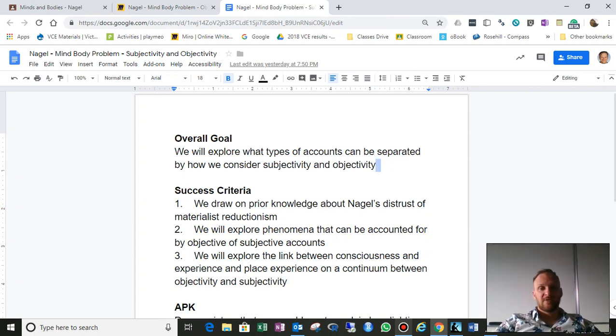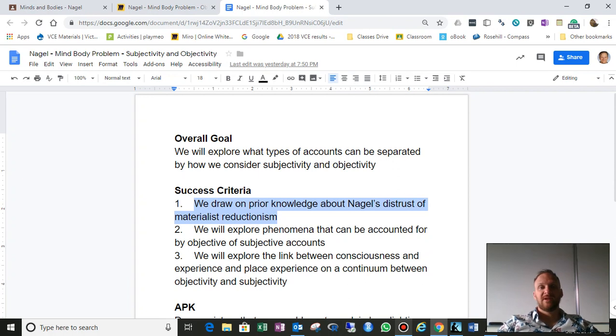So our overall goal today is to explore what types of accounts can be separated by how we consider subjectivity and objectivity. That's really convoluted, but it'll become very apparent why when we go through the summary section of the video. So we need to draw on our prior knowledge about Nagel's distrust of material reductionism.